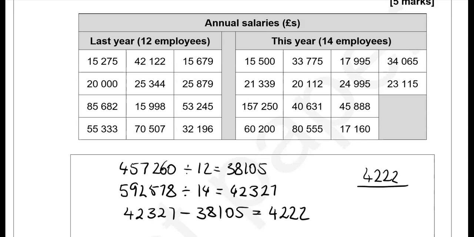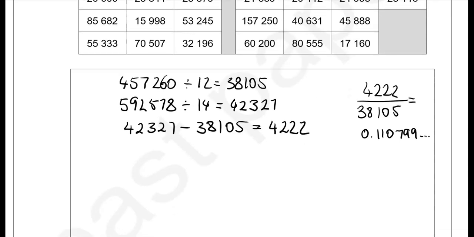So trying to work out the percentage increase, we go now 4,222 out of the original amount, which would be last year's amount, and that is 38,105, gives us 0.110799 and so on. So as a percentage, that would be moving the decimal point 2 places to the right.